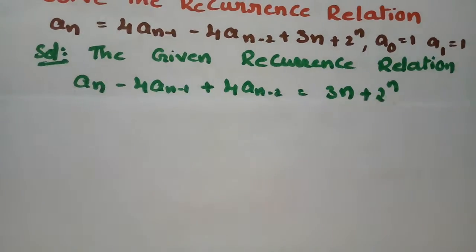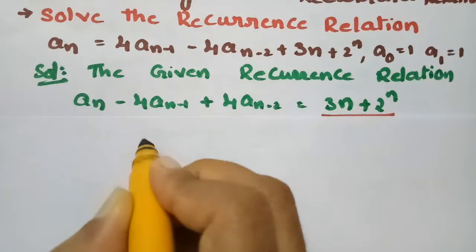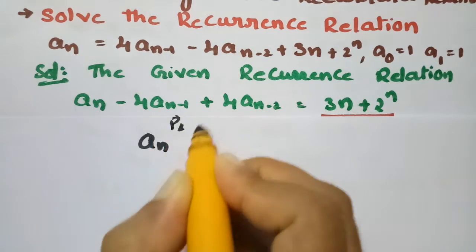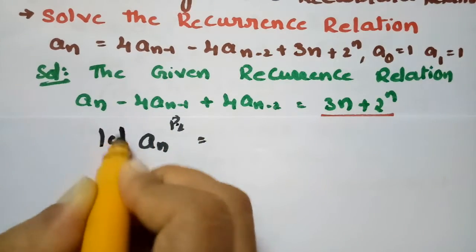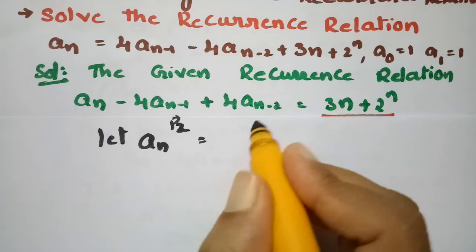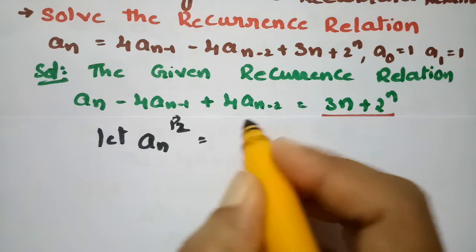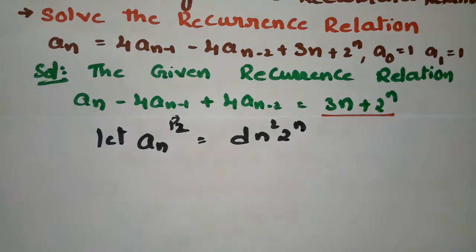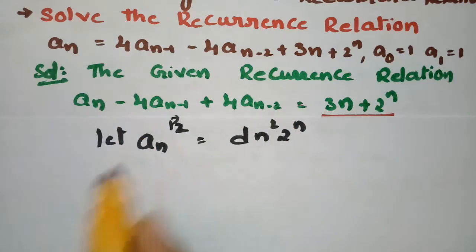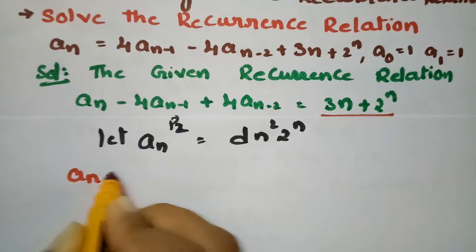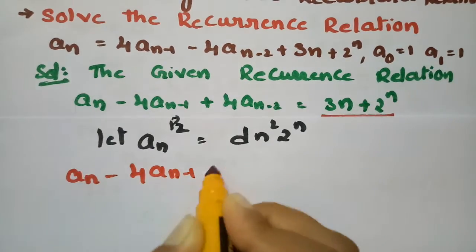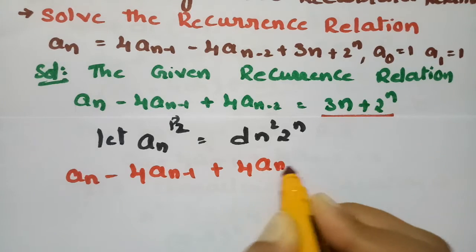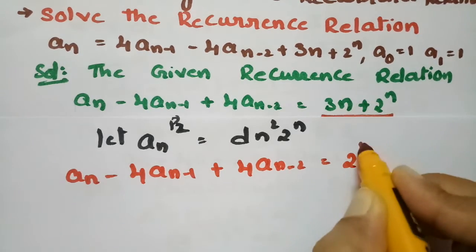See here, this is the recurrence relation, so the second particular solution we assumed, let the second particular solution be d n square into 2 power n. Now we have to substitute this in the recurrence relation, that is a_n minus 4a_(n-1) plus 4a_(n-2) is equal to 2 power n.